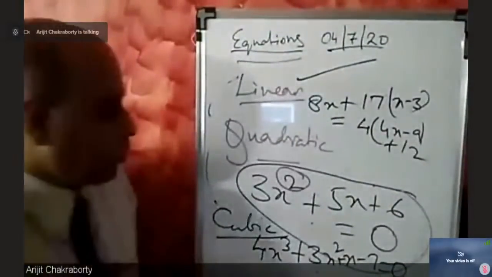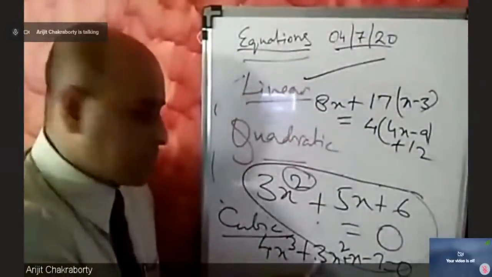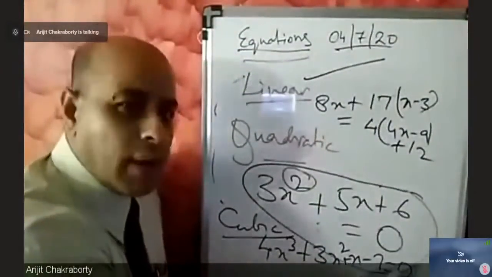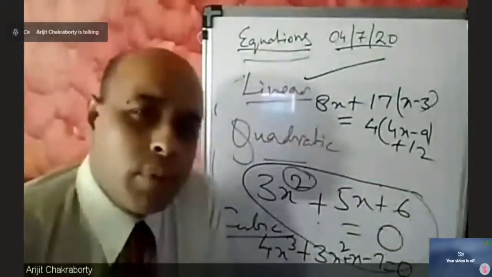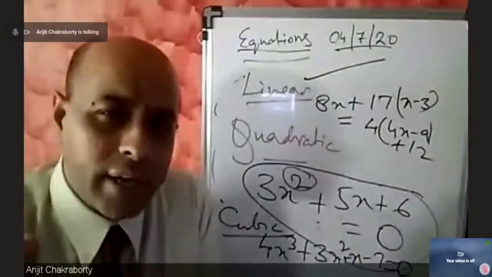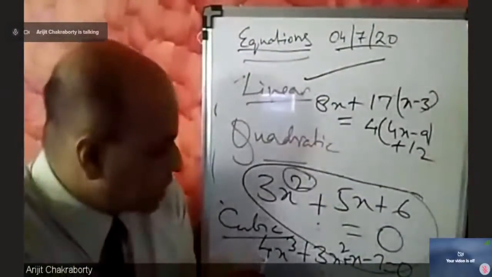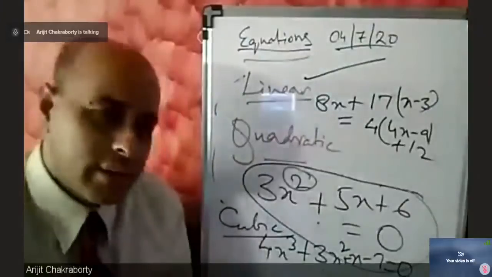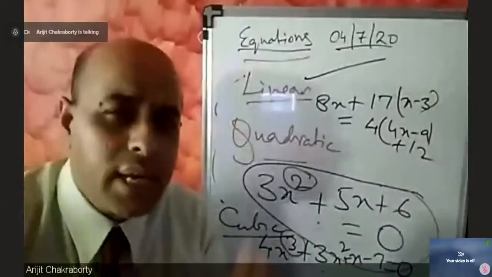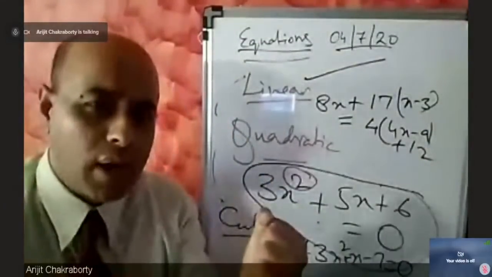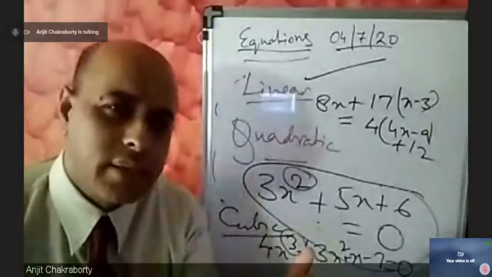Now this is an example of cubic. Why is it cubic? Because x has the power 3. You know, dear friends, the word power is also called index in mathematics.